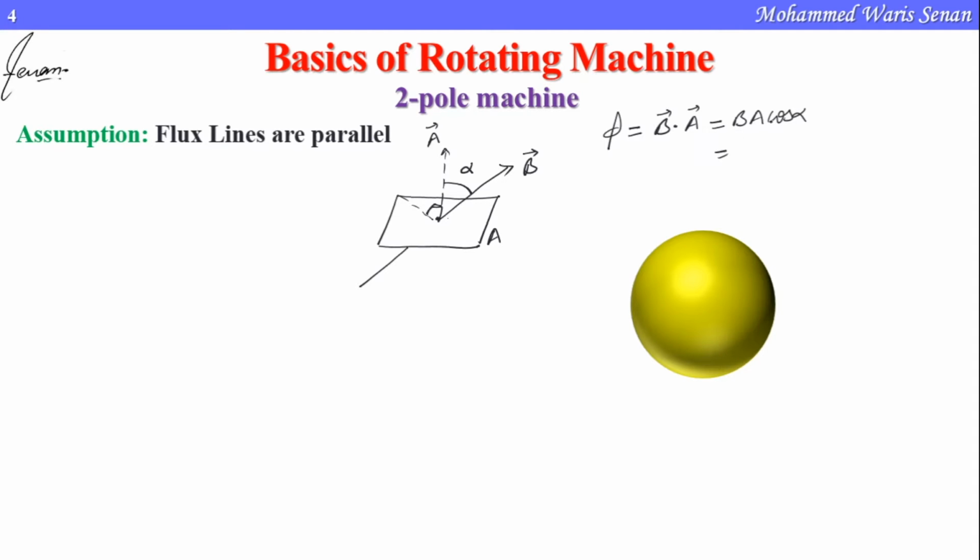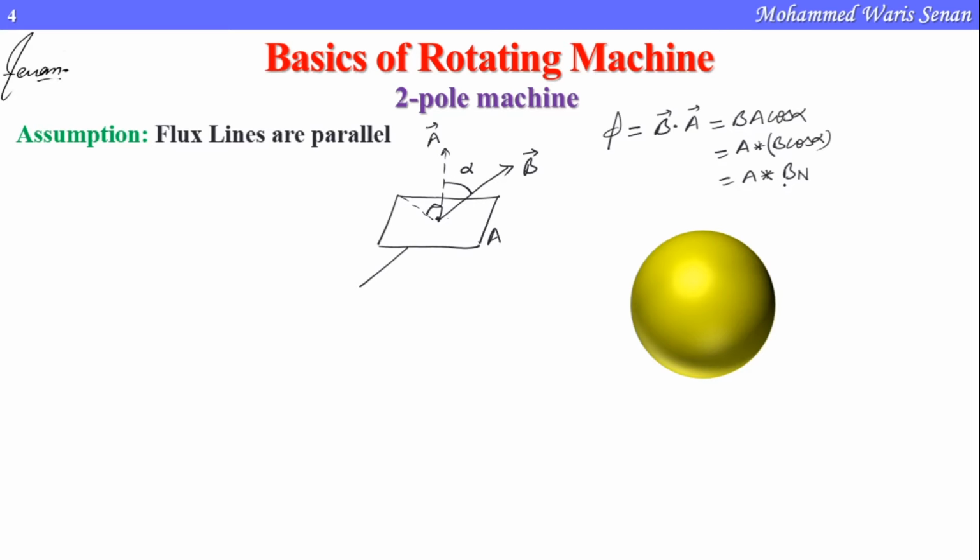Now, in order to separate these two, we can write it as A into B cos alpha. What is this B cos alpha? B cos alpha we can write as Bn, which we call the normal component of the flux density.